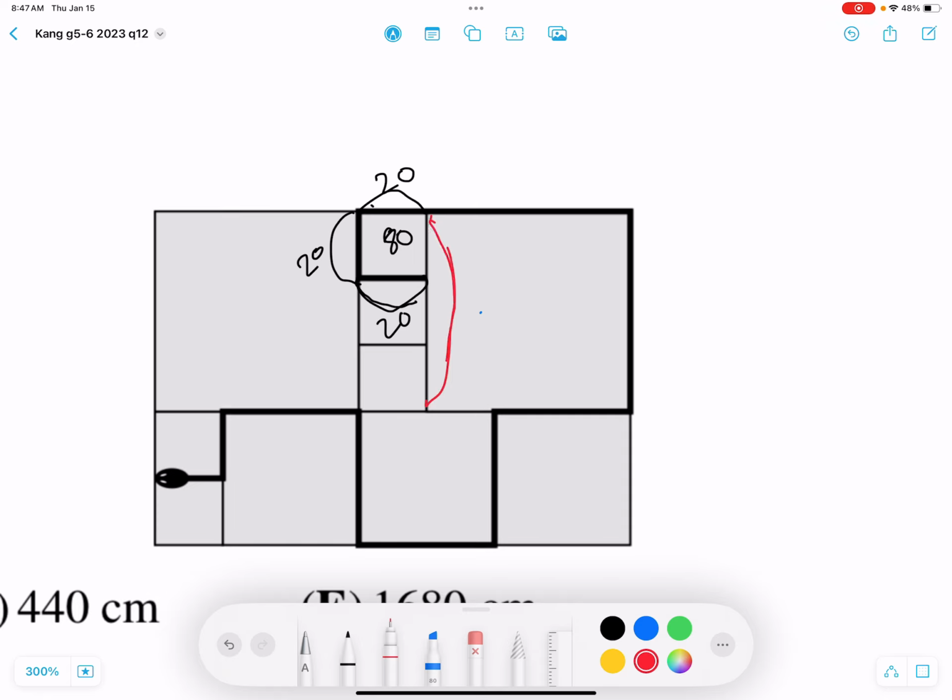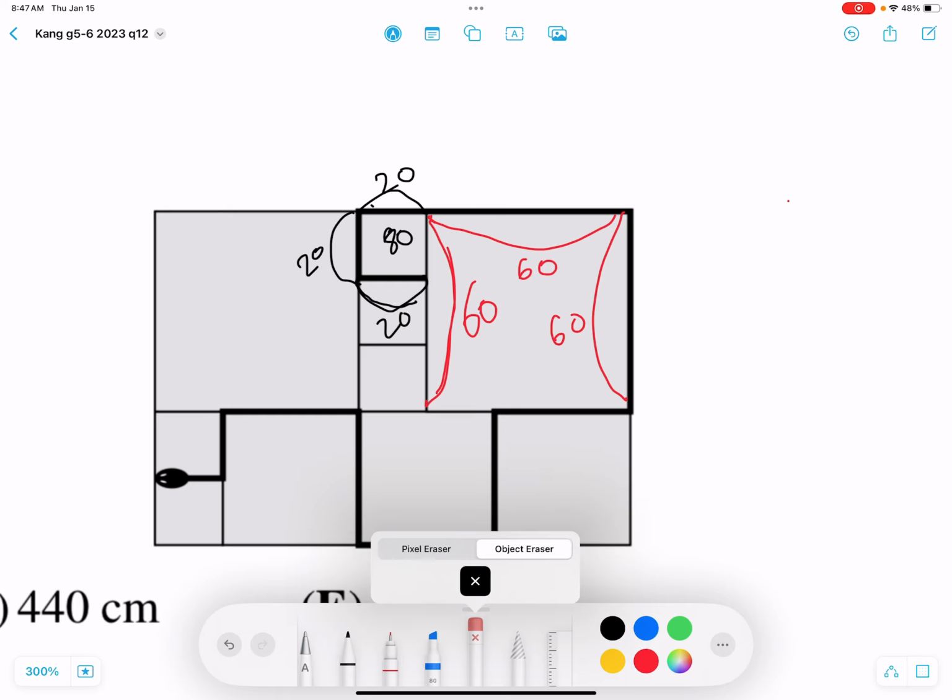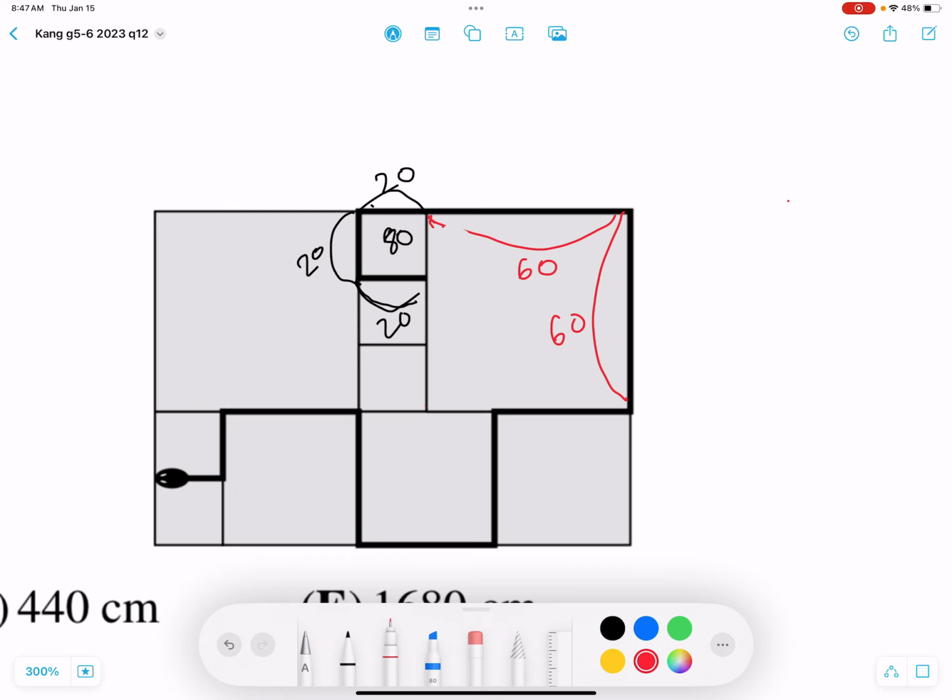So that means this is 60. If that's 60, then we know the rest of the sides are 60 and 60, since it's all a square, okay? Now let me quickly delete this.